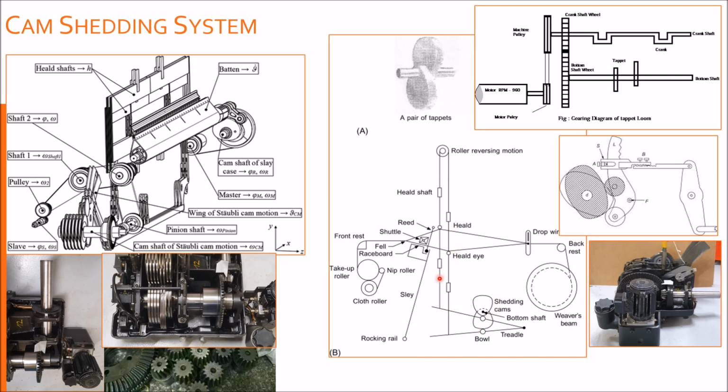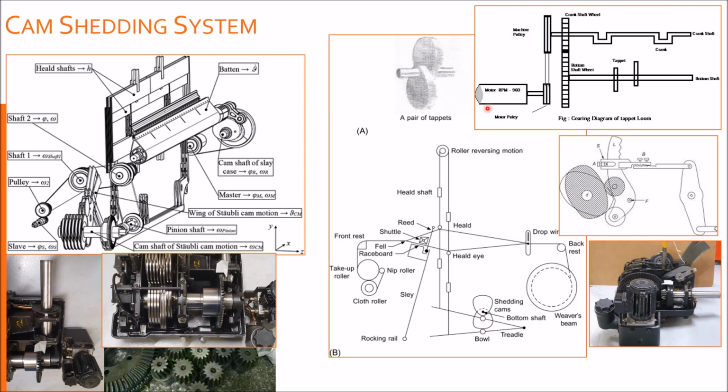You can see heald frames over here, and these heald frames are attached with some leverage system, and they are following two tappets, negative cams, and these tappets are installed on this central shaft that is called the bottom shaft.